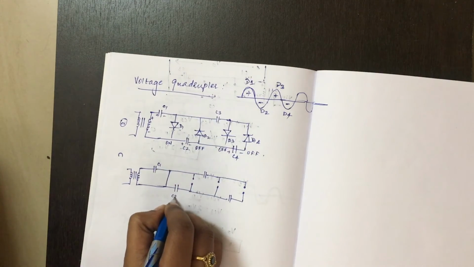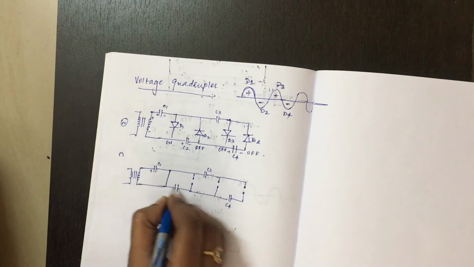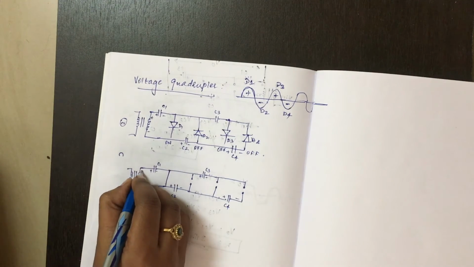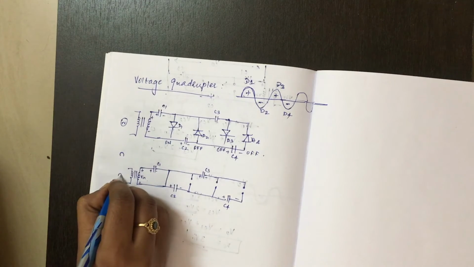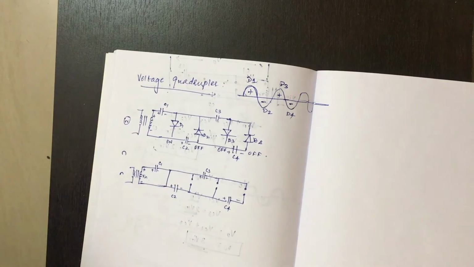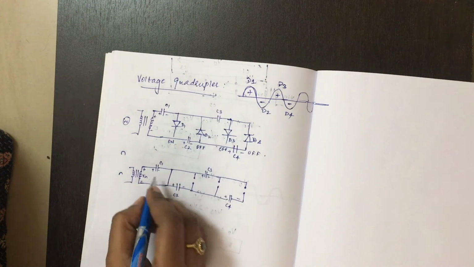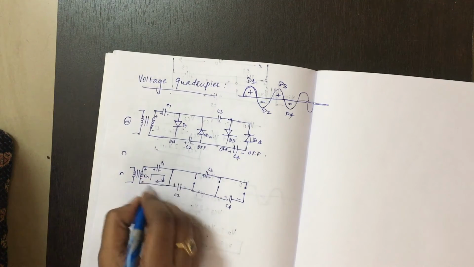C1, C2, C3, C4, plus minus, plus minus, plus minus, plus minus. Here you are applying positive to negative. Here the positive signal is applied. So now these are all open, only this is a closed circuit. So you will be applying a voltage across this circuit alone.